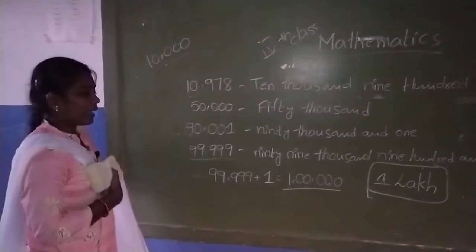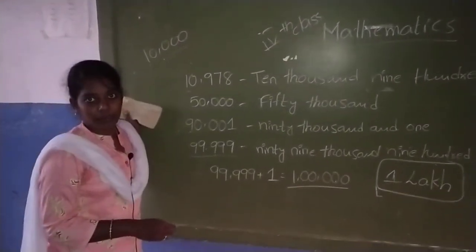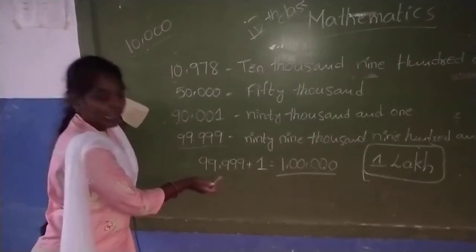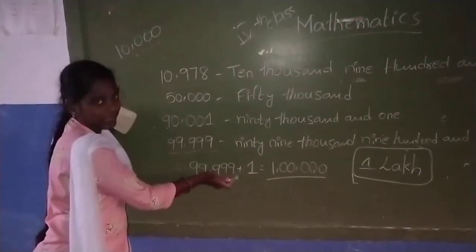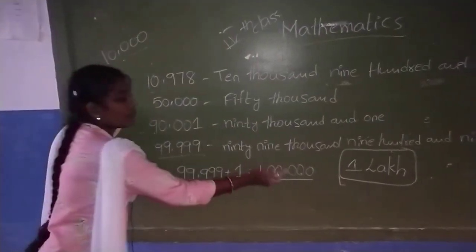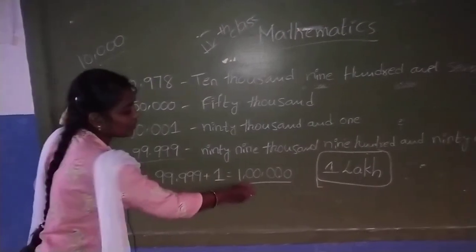If we are adding 1 to the greatest number, then we will get the next smallest number. In the same way, the 5-digit greatest number is 99,999. If we are adding 1 to this greatest number, then we will get the next smallest number, that is, the 6-digit smallest number, 1 lakh.